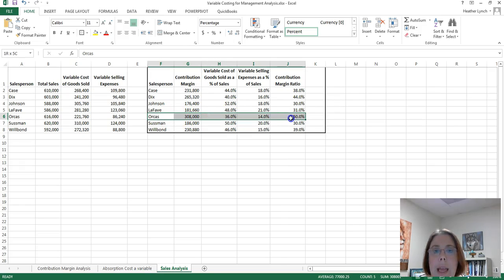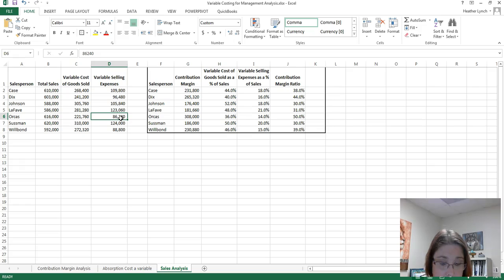Well, his variable selling expenses were the lowest. Okay, he only had 86,240, and his cost of goods sold 221,760. So he's earning a little bit more profit than the rest of them.